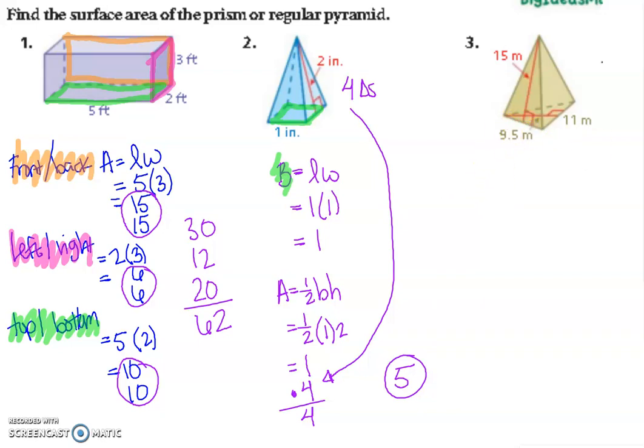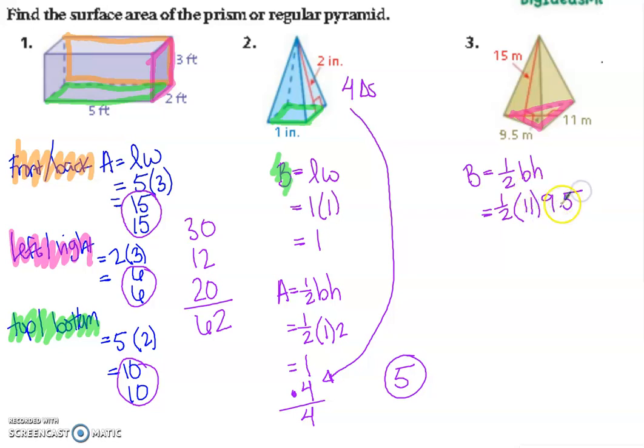So this time the shape of the base is a triangle. So I need to use the triangle formula to find the area. Now look very carefully. The base is 11 and the height is 9.5.